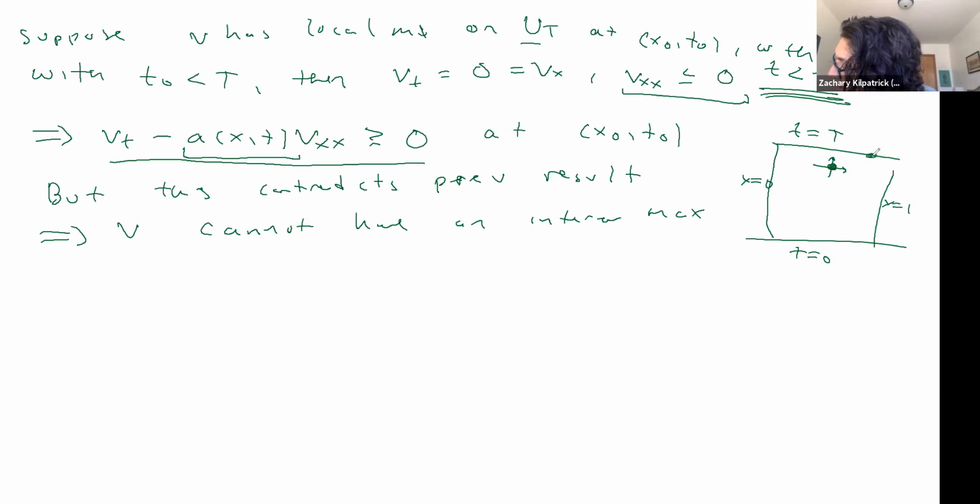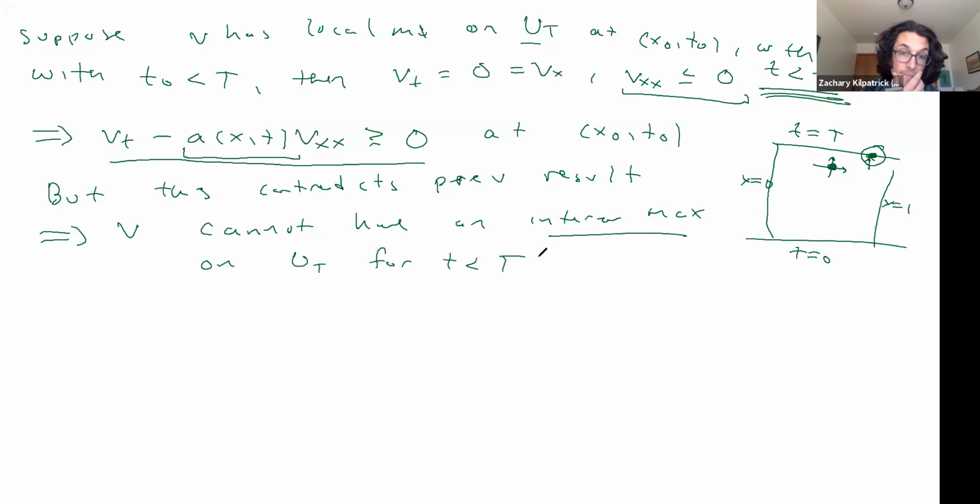But up here, you could have a maximum where u sub t is actually greater than 0. So you have to be careful with this point, and we deal with that point separately. So this shows it can't have an interior max on u_t for t less than T.